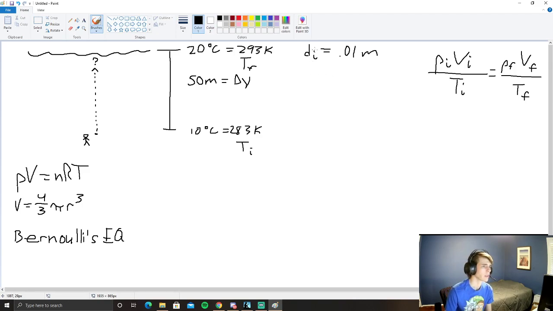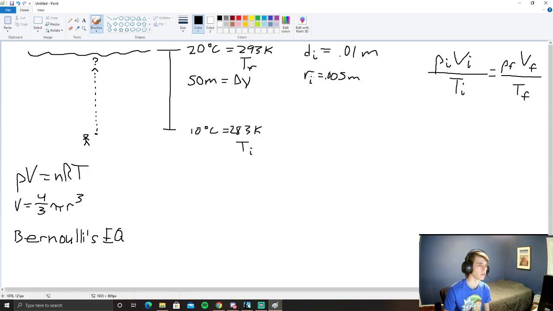We also know that the diameter of the bubble is 1.0 centimeters or 0.01 meters. We can also write that in terms of radius. That would be an initial radius of 0.005 meters.